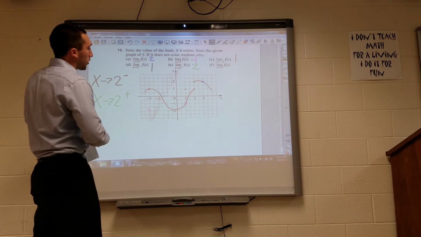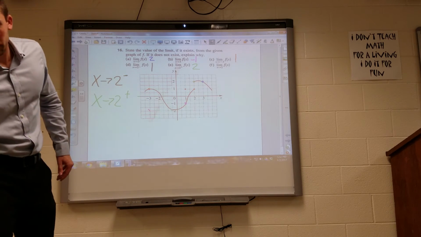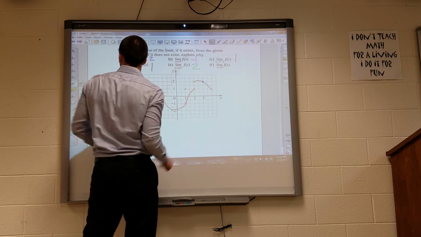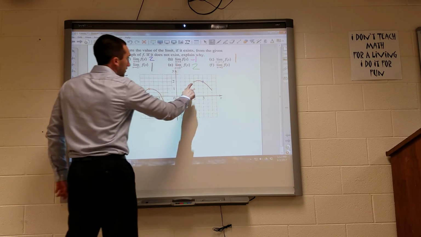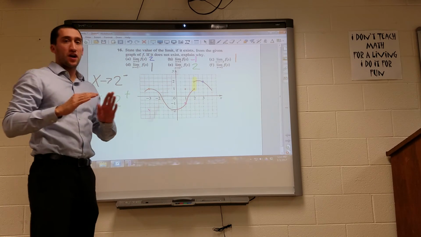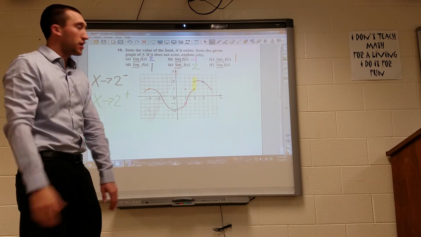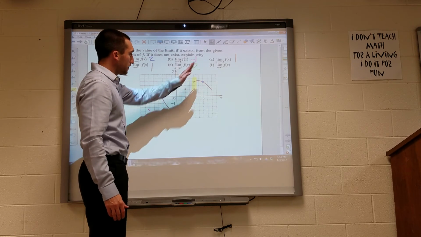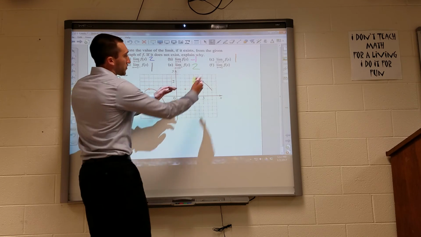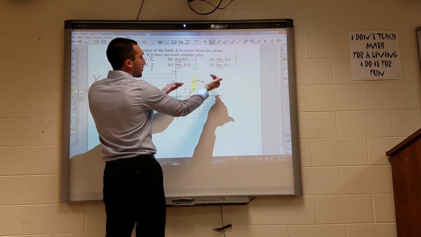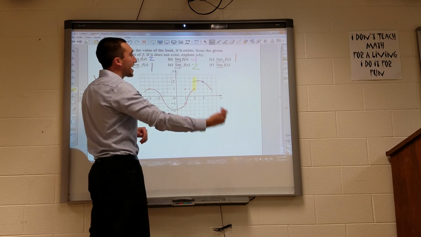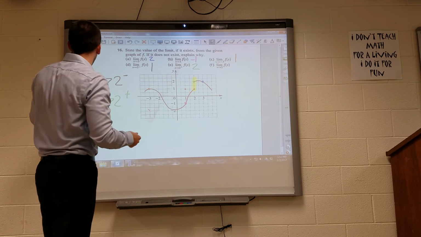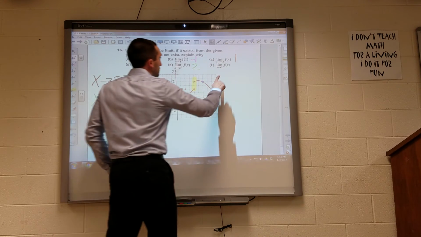So as I'm approaching 2 from below 2 and above 2, we can see that these don't match up. They don't approach the same number. So when the negative side or the lower side of a value is not equal to where the positive side or the higher side of that value are approaching, then we say it does not exist.